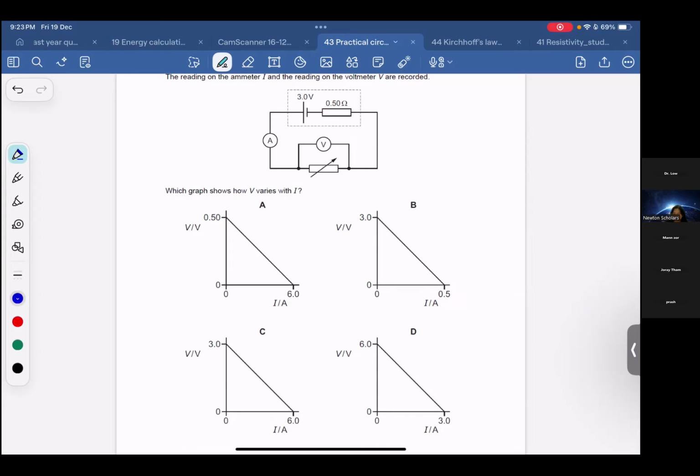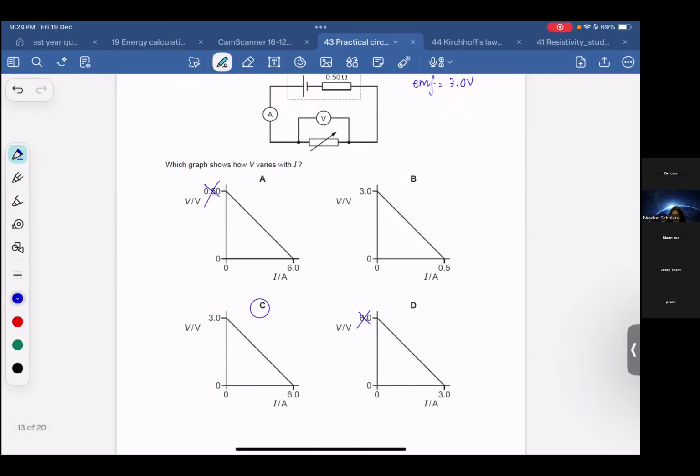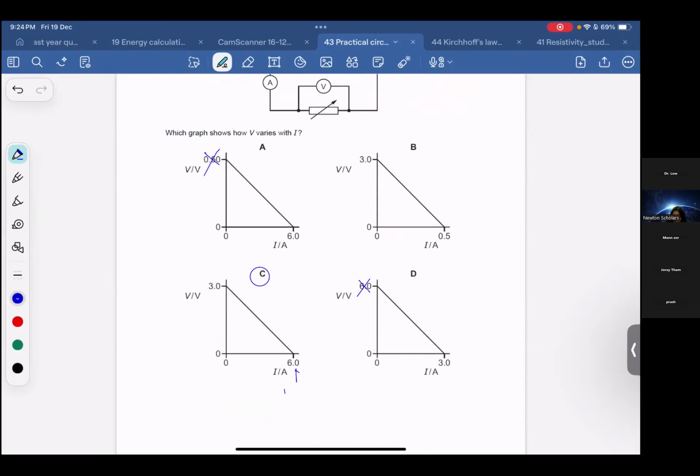Fawa, correct. EMF is 3.0 volt, so A and D can be cancelled out. Left C or B only. Washini correct. Fatima correct. Kaichen correct. Answer is C.